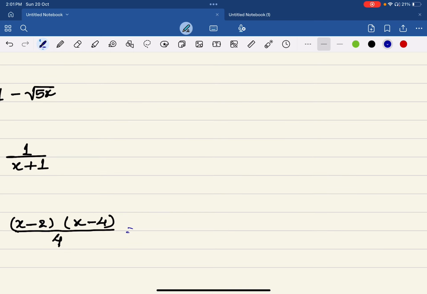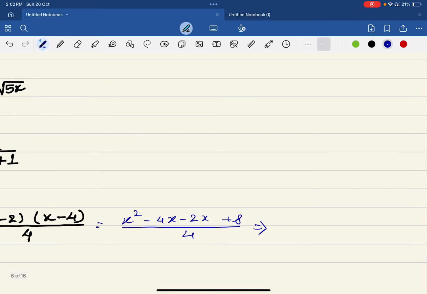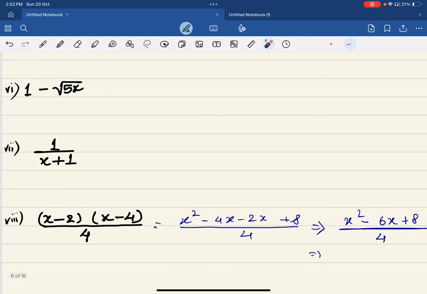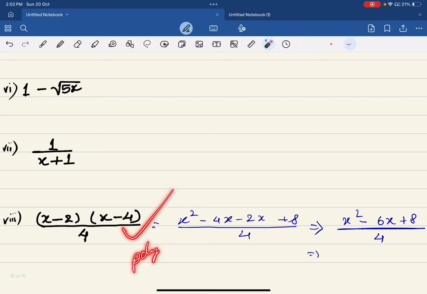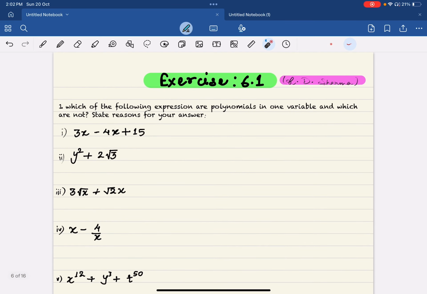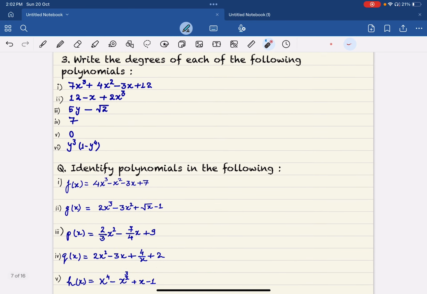It will be written like this: x square minus 4x minus 2x plus 8, upon 4, which is equal to x square minus 6x plus 8, upon 4. In this expression also the variable has power as a whole number, so this is also a polynomial, and the reason is the variables have power as whole numbers. So this expression can be said to be a polynomial. Okay. So let's move on to the next question.